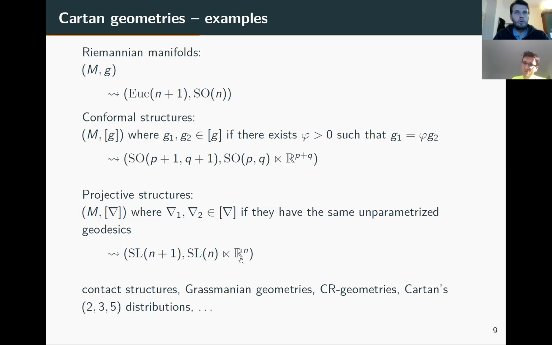In these cases, the nilpotent subgroups are actually abelian, but for contact structures you get, for example, the Heisenberg subgroup as the second factor.